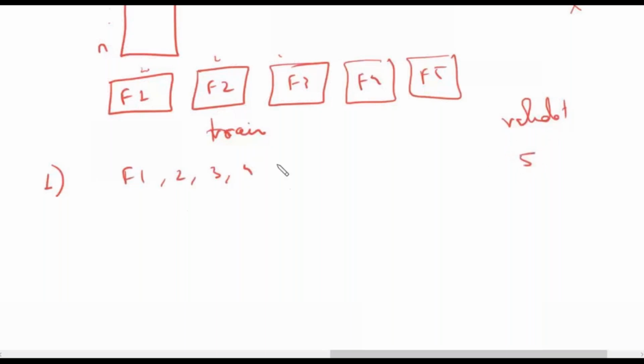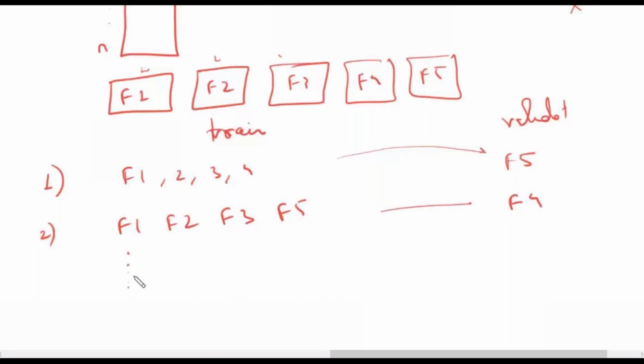So we will build a model on this data and allow it to predict on the validation data. Or if we are tuning our parameters, we will train our model on this data and we will find out the best value of min bucket, which gives the best accuracy on this 5th fold. Now we repeat the process. So we will have F1, F2, F3, and F5 here, and we will take F4 as the validation data.